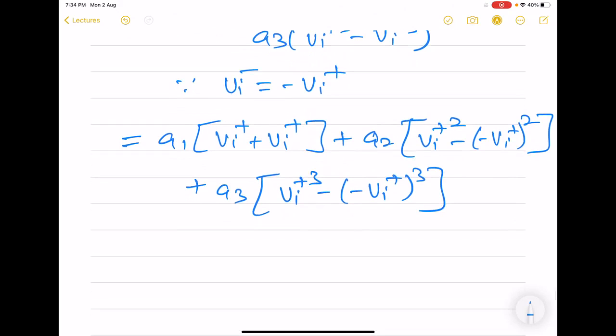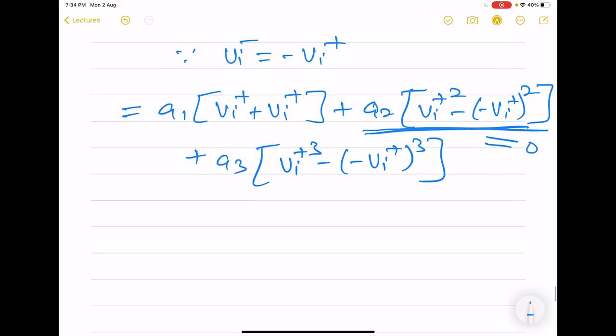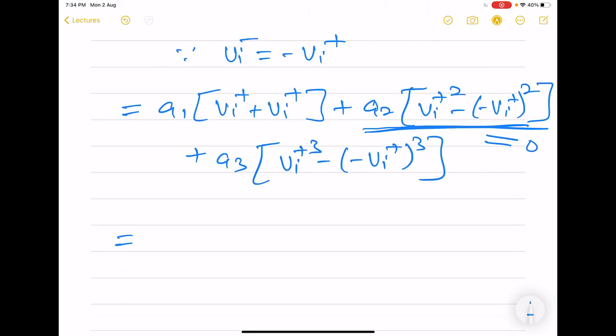So here we can see that the second order term is going to be 0. What we will be left with is only the first and third order terms, which is 2 times A1 Vi plus plus 2 times A3 Vi plus cube.